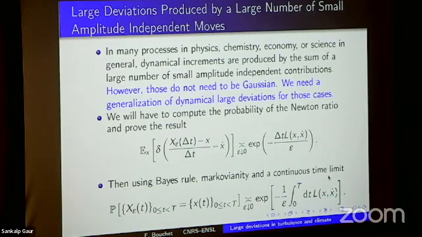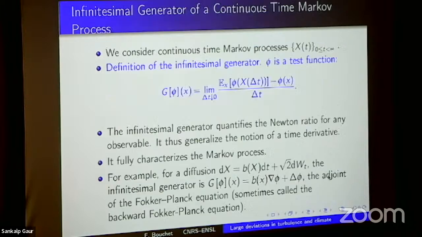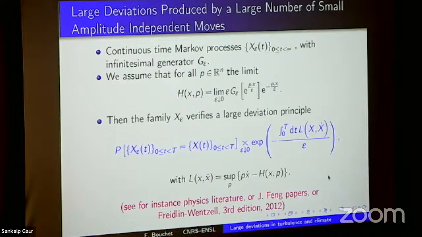And this gives you L of x dot. If rather than looking at this PDF, I look at this cumulant generating function, I will have a parameter which will be conjugated to x dot. And so P is a parameter which is conjugated to x dot. And you see it here in the Legendre-Fenchel transform.